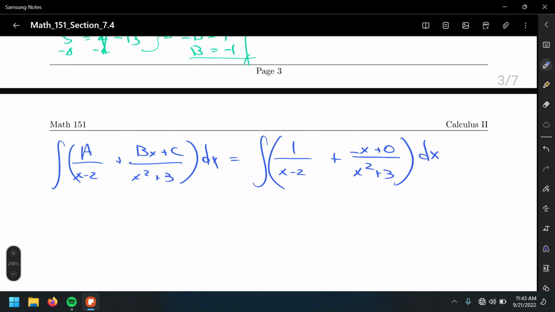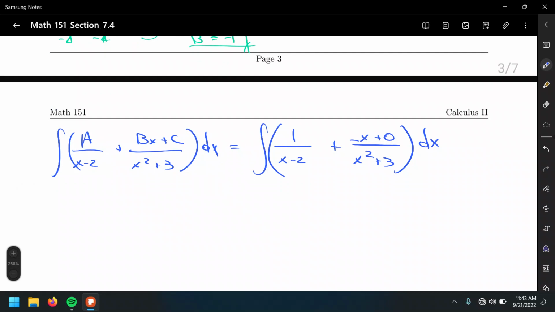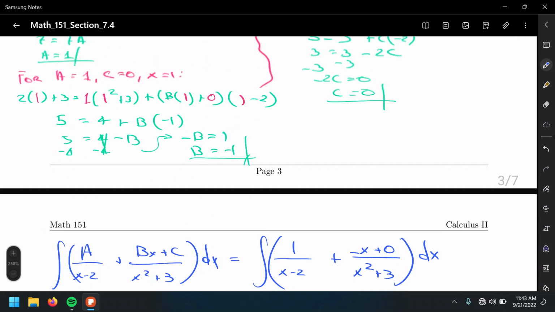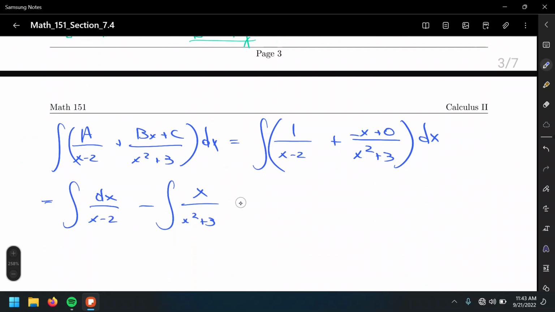It would be better if we wrote two separate integrals so we can look at the required method for each. That is the integral of dx over x minus 2 minus, because of plus negative, that's going to be a minus, the integral of x over x squared plus 3 with respect to x. Alright, whoops. Let me do x dx instead.